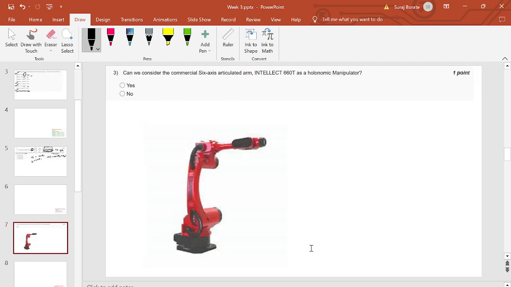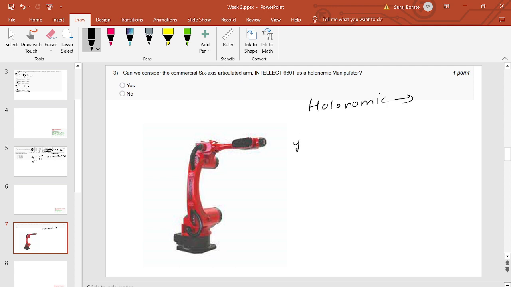This was too easy. So can we consider the commercial 6-axis articulated arm Intellect 660T as a holonomic manipulator? So in the first TA session, we learned what holonomic means.